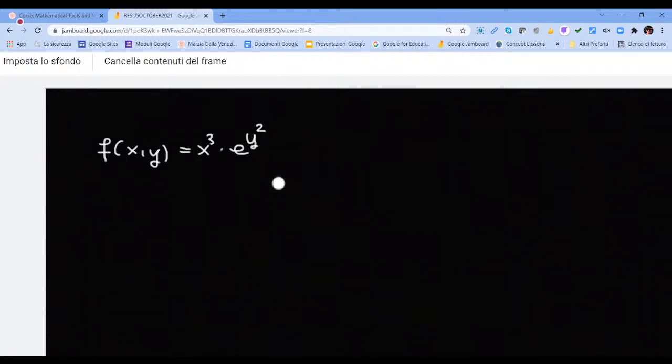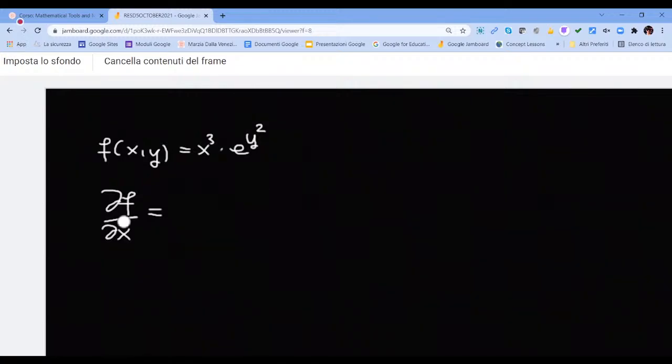So, what are the partial derivatives? Partial derivatives are, of course, the... we could write df or dz. It is the same, so we use both.